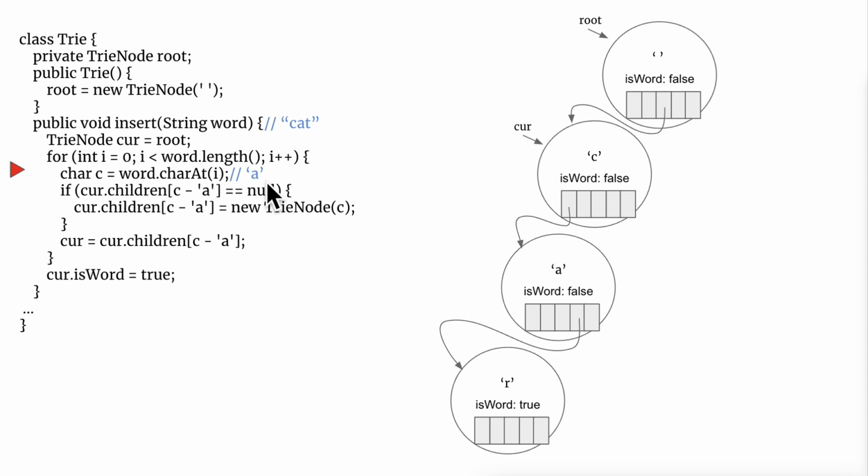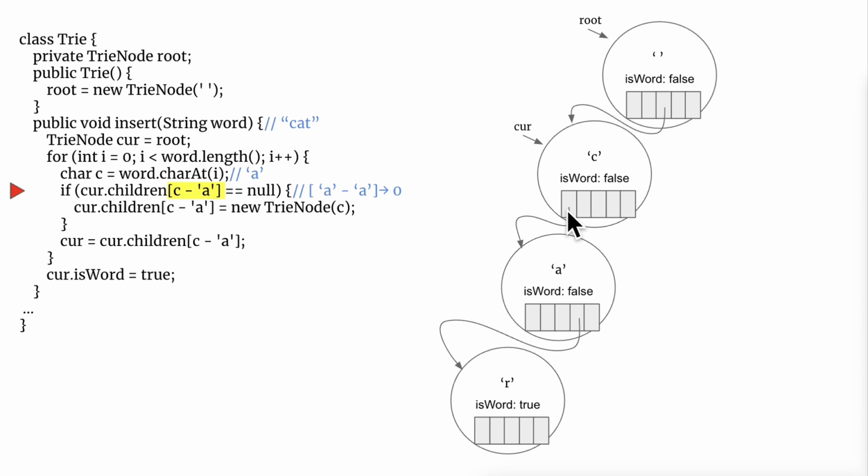Continue to traverse the given word. The current letter is the second letter of cat, which is character A. However, since we inserted car into this trie tree before, the value in this array's index 0 is no longer null.